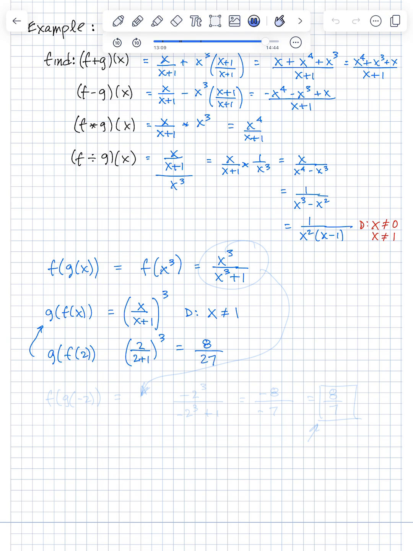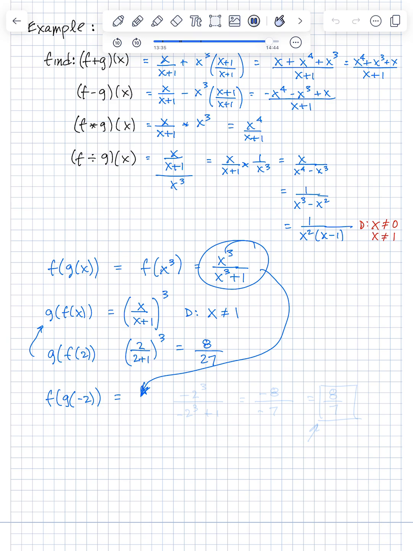Well, let's go ahead and do f of g of, let's pick a negative 2. Okay, our f of g was here. So we want to substitute in our negative 2 for the x.